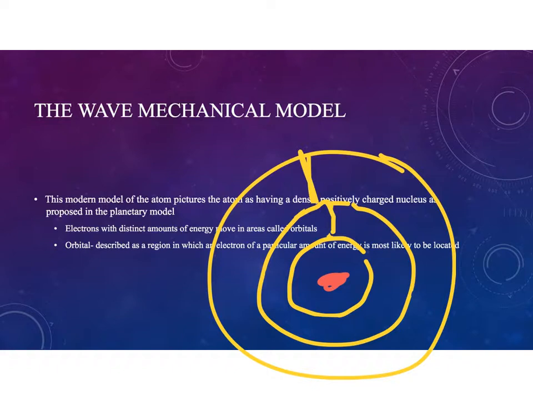Therefore, you'll have an orbital that can only hold 2, because that is the minimum amount of electrons any orbital can hold. So in the wave mechanical model also, electrons are represented as up and down. So we have one up and one down.